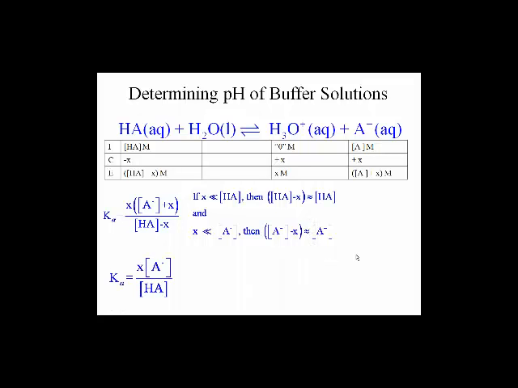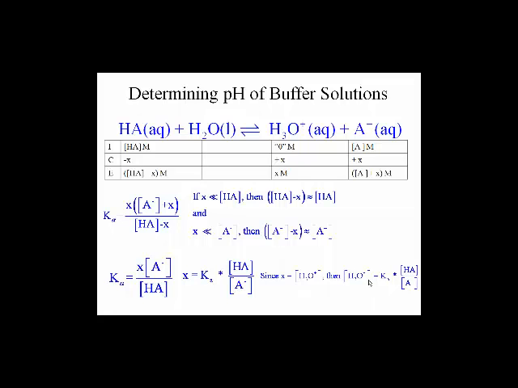What we get then is this, and that's very easy to solve. We can solve for x simply by multiplying the Ka value times the concentration of conjugate acid divided by the concentration of conjugate base. Since x is equal to the hydronium ion concentration, then that hydronium ion concentration is equal to Ka times concentration of conjugate acid divided by concentration of conjugate base.